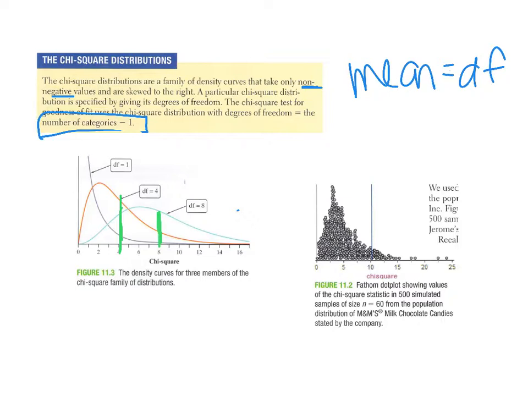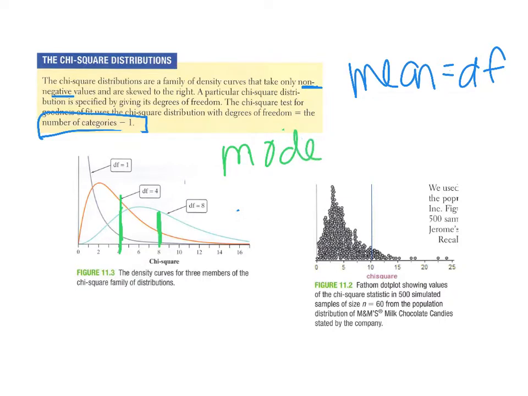The mode applies as long as the degrees of freedom are greater than 2. So the mode of a chi-squared distribution, again, when the degrees of freedom are greater than 2, would not apply to that very first curve right there where it says degrees of freedom equals 1.